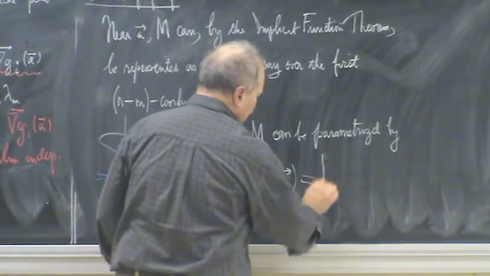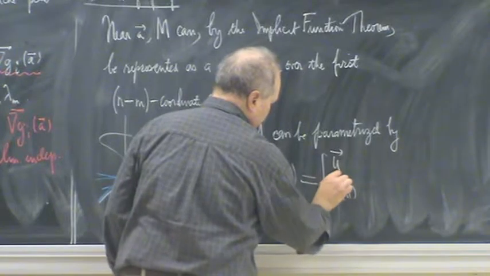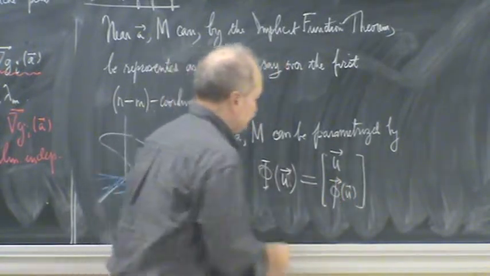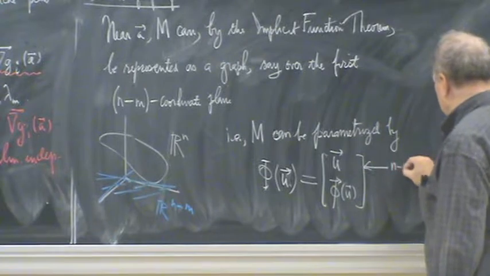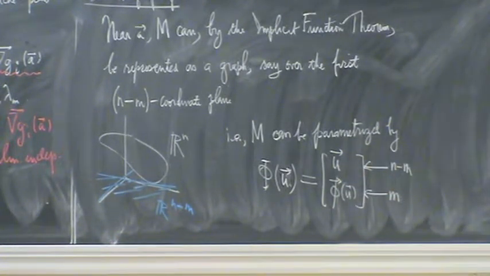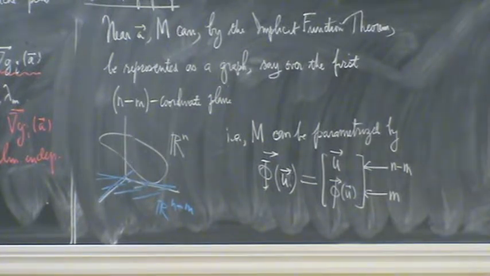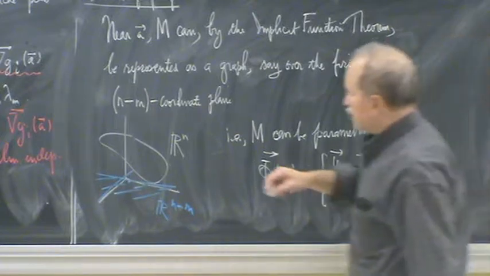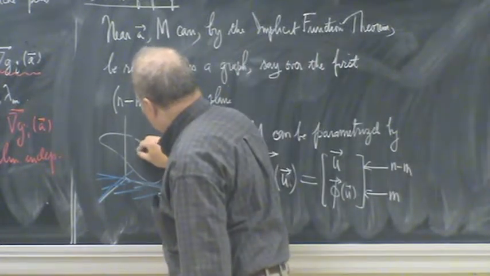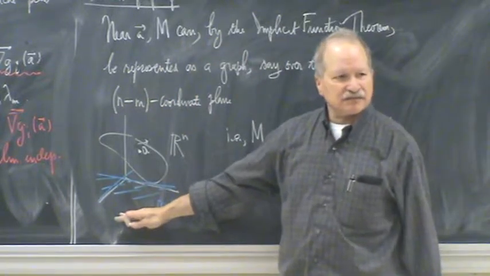I'm using the first n minus m coordinates and then the last m coordinates, and I'm saying they're functions of the first. That's what the implicit function theorem is saying. So trust me on that, we'll do a lot more with this in the spring. I want to do the calculus and the linear algebra that we get from this. So I'm assuming that this constraint set, at least locally near A, is a graph over these coordinates.